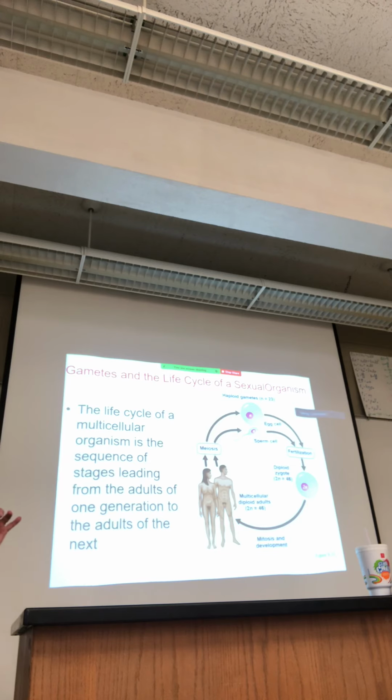In general, if you have ovaries, you produce eggs or ova. If you have testicles, you produce sperm. There are people who don't have either one. But in general, that's the pattern. Those cells are what we call haploid. This is another term you need to know. Haploid versus diploid.